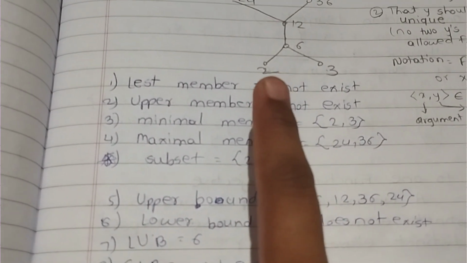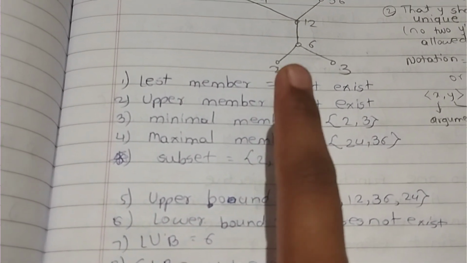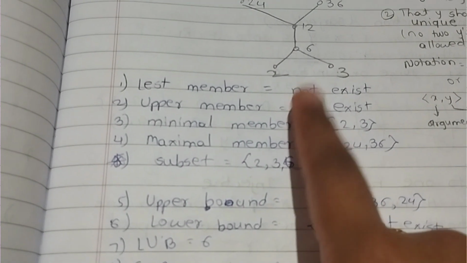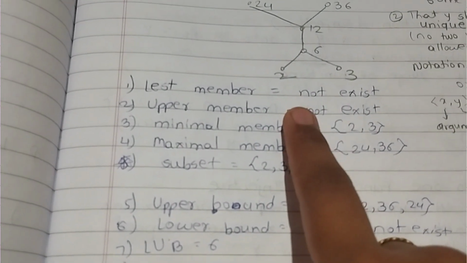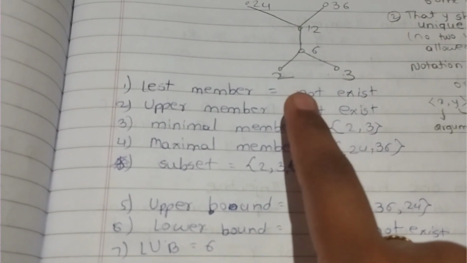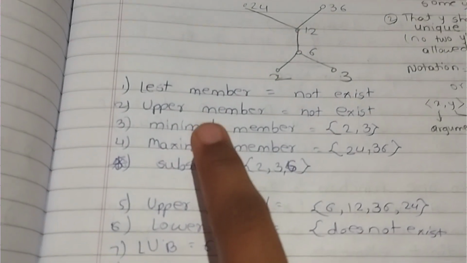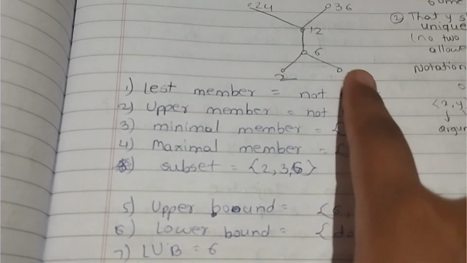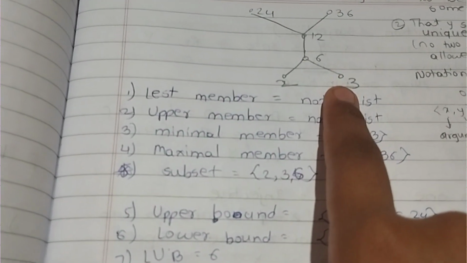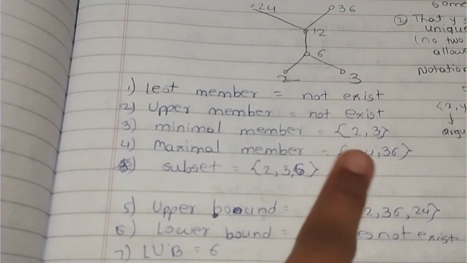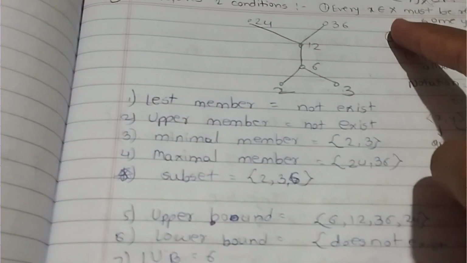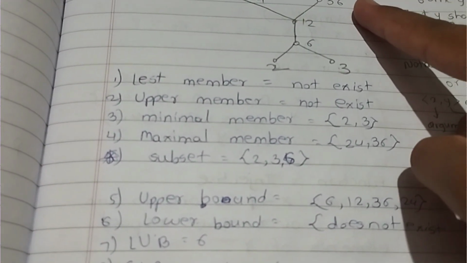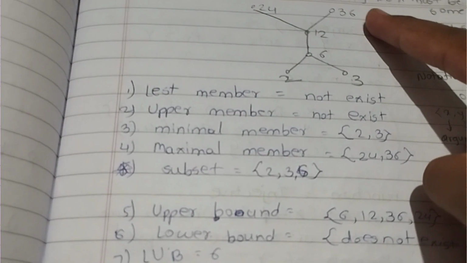We see one more example. For this example, no least or greatest member exists, because we know the least member and greatest member are unique. Here there is no unique least member and greatest member. Now the minimal members are 2 and 3, because 2 and 3 are present on the lower side, and the maximal members are 24 and 36, because 24 and 36 are present on the upper side.